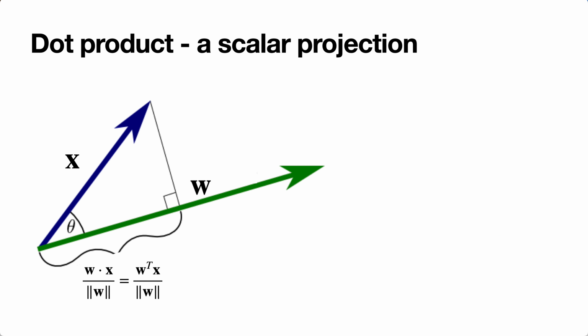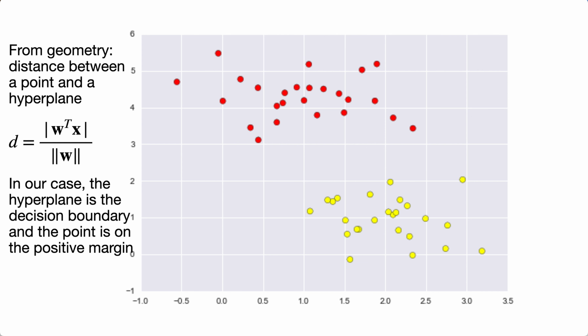Okay, so we can turn A and B into the more familiar things we're actually working with here: a data point X and the weight vector for the decision boundary. So if we want to know the total distance, the projection of X onto W in absolute distance, it's going to be W dot X divided by the size of W. Okay, so we know W transpose X over the magnitude of W is the distance between the hyperplane of the decision boundary and a given data point.